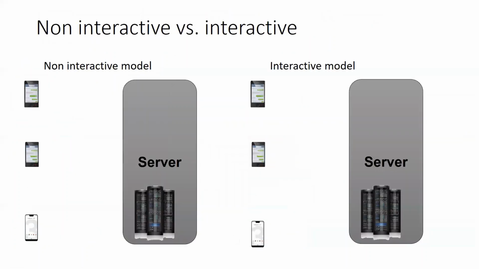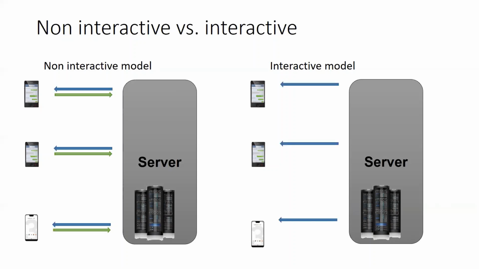Next, we would like to distinguish between interactive and non-interactive communication. As we discussed, in the non-interactive setting, there is one round of requests and one round of responses. We can compare this to the interactive model of communication, where there are many rounds of communication.